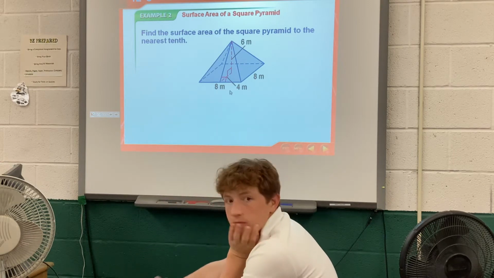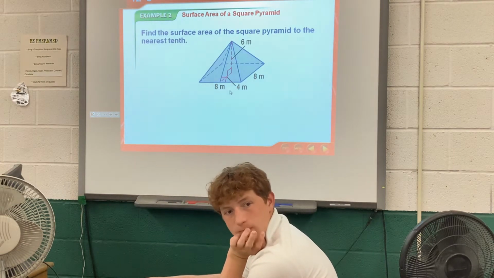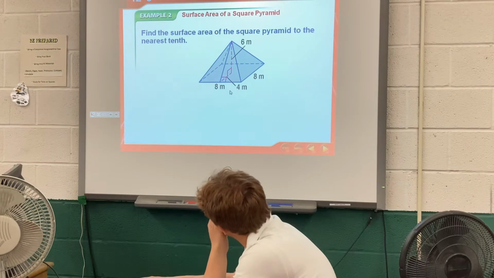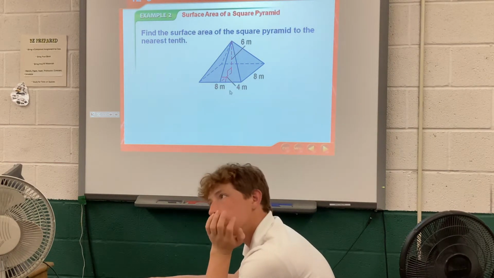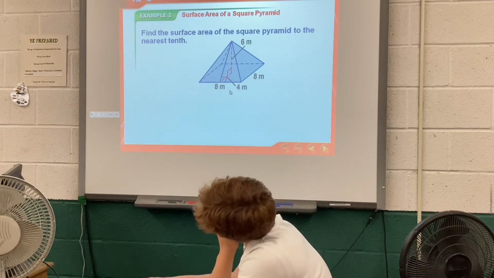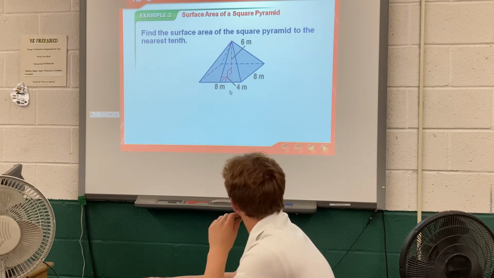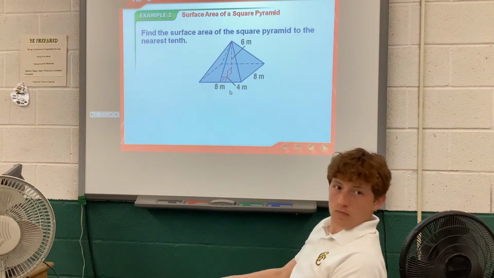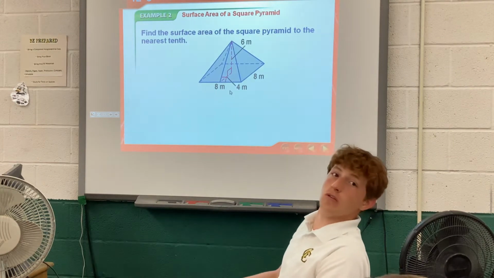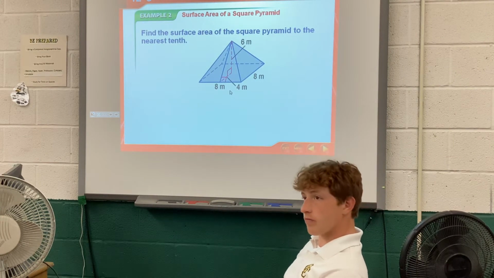Could you use the altitude as a slant height then? I can't use the altitude as a slant height because the altitude doesn't touch the triangle. But couldn't you just do 8 times 8 times 6 divided by 2, since it's going to be half the triangle? Why don't you just use the Pythagorean theorem with 6 and 4? 4 squared plus 6 squared equals c squared.